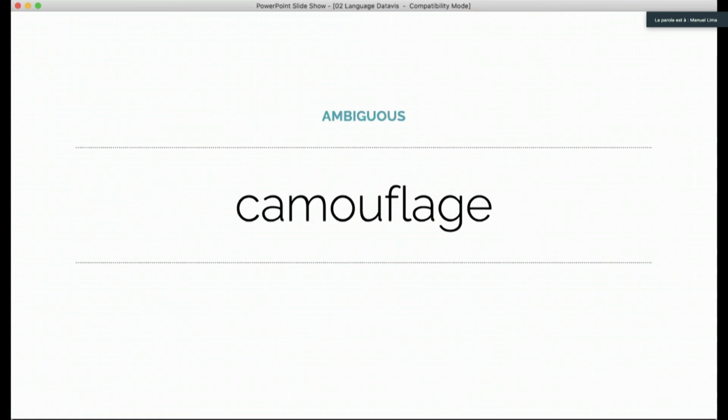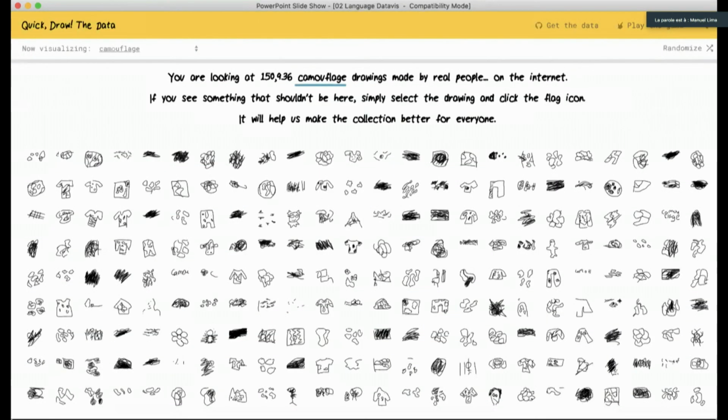So what about camouflage, right? Imagine that camouflage is not as easy as cat, right? So when you get to camouflage, then you start seeing a little bit more divergence, right? People are starting to draw many different things, and it's hard to pinpoint what is exactly the right direction or the one that resonates, from garments to scribbly lines.